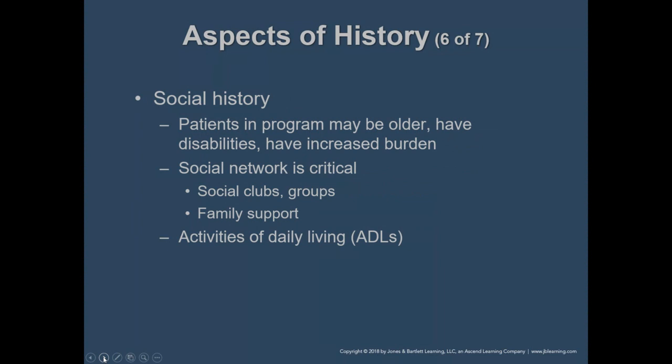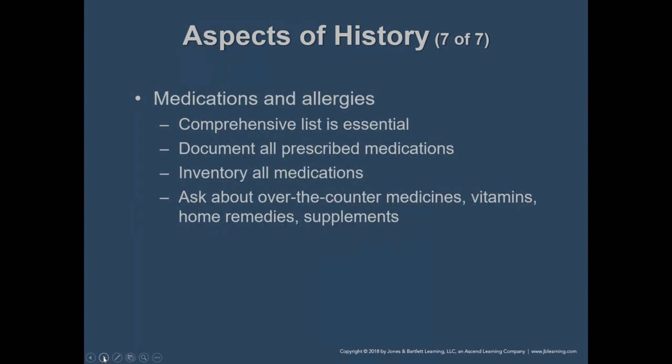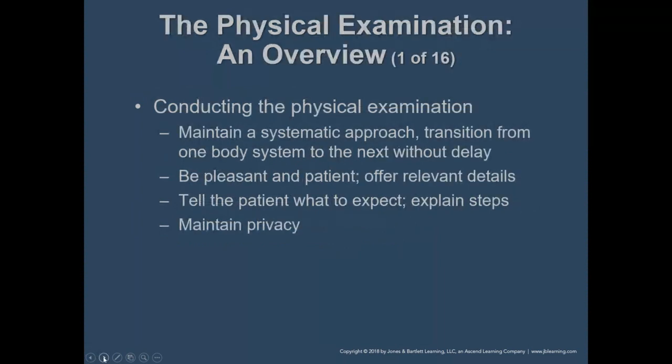Who cares if you live or die? Not that, who cares if you're sick? Who's going to help? Is there anyone there? Because if not, what do you have? You have a lot of isolation, a lot of psychological components to that. Meds and allergies, know how to do that.